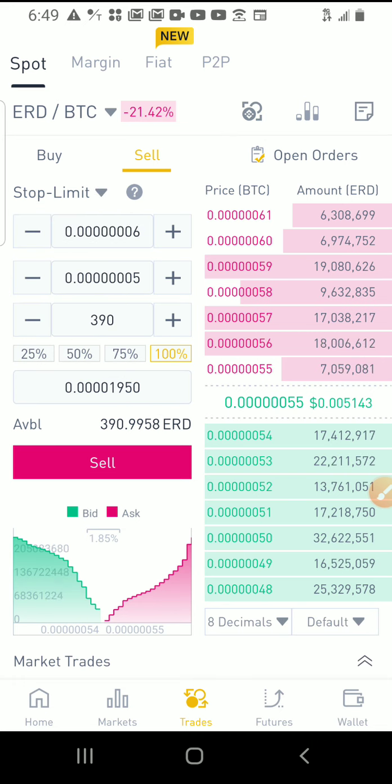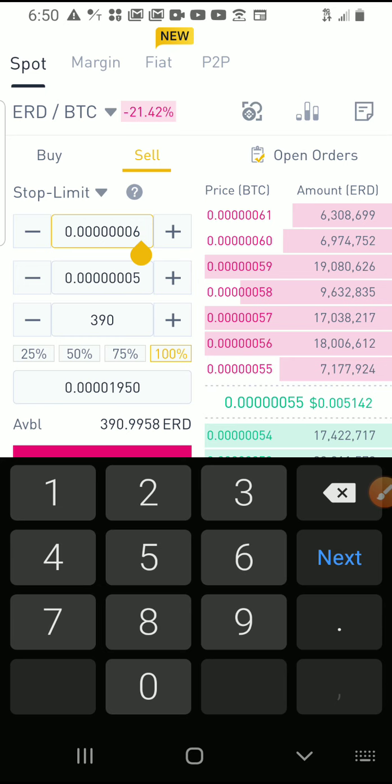Click on this plus sign. You'll be seeing 0.0000, then reduce it to the price you've calculated. We've calculated 53, so we say 53. You get? And we said we want to sell 100%. We look at 25, 50, 75, 100.